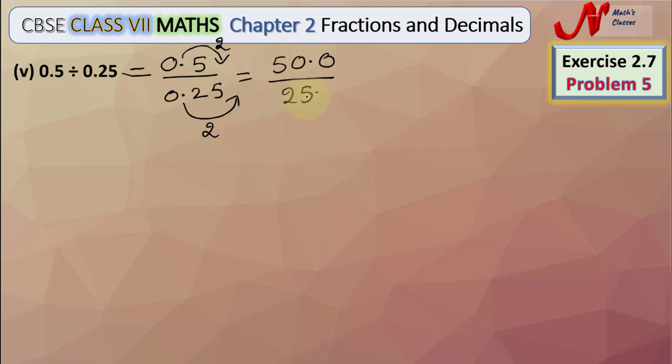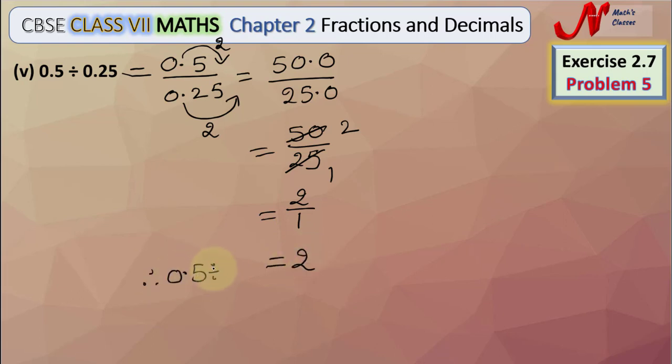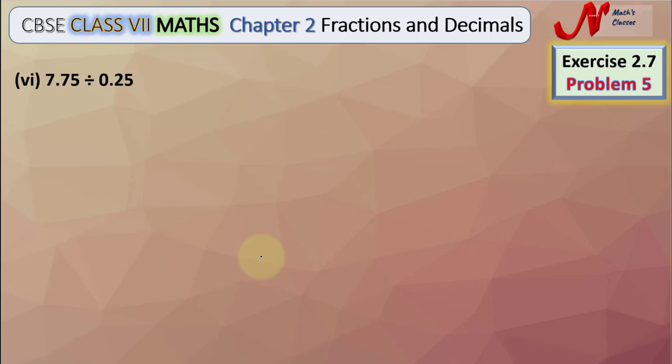Denominator can be written as 25.0. So 50.0 can be written as 50, 25.0 can be written as 25. By cancellation we get 25 ones are 25, 25 twos are 50. So we can write it as 2 by 1. 2 by 1 is equal to 2. Therefore 0.5 divided by 0.25 is equal to 2. Next we solve the sixth bit.